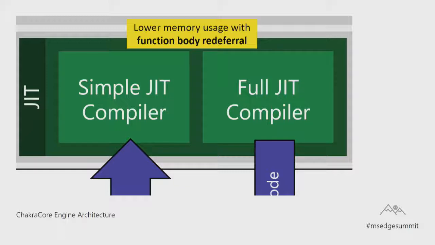But we've also done work to say, well, we had to parse this function up front and allocate a bunch of memory for it, but it seems like we're not going to call it again. So we've implemented an optimization in that case to just throw away all that memory, and if it turns out later we were wrong and we need that function, then we can bring it back, rehydrate it. This is a great way to save memory on a lot of top sites, actually, because it turns out you guys are shipping a lot of functions that you call only once.